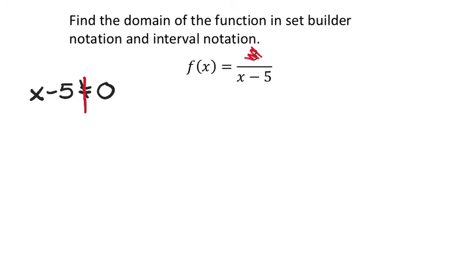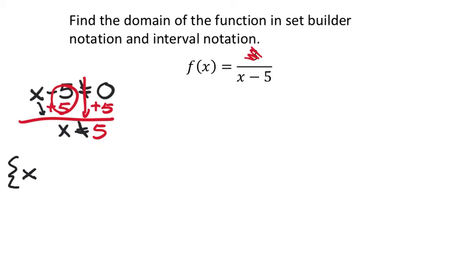And I can see pretty quick, I think some of you could do this in your head, but one principle of equality will do it to zero out that 5. And this will tell me what x cannot equal. So 0 plus 5 is 5. So x cannot equal 5. And since I'm going to be doing this in set builder notation, I can actually use that does not equal in set builder notation, which looks like this.